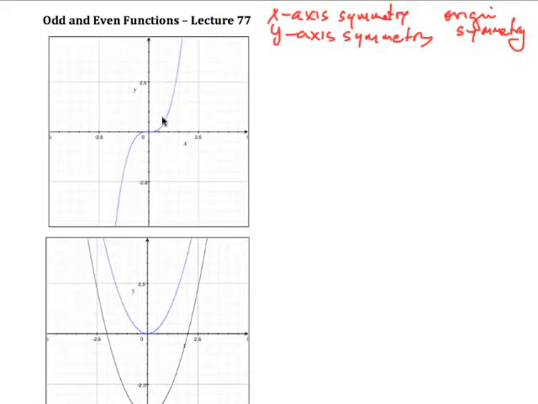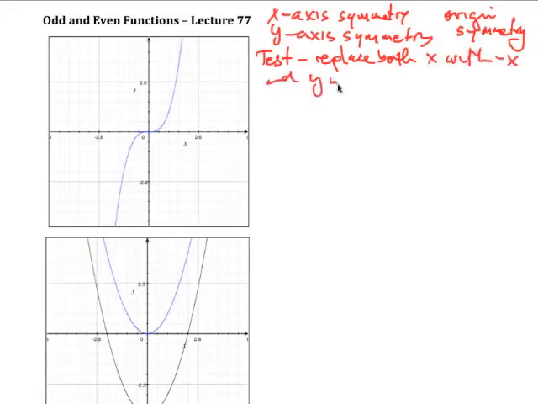And so the way we test for this is to replace both x with negative x and y with negative y and see if we get the same.